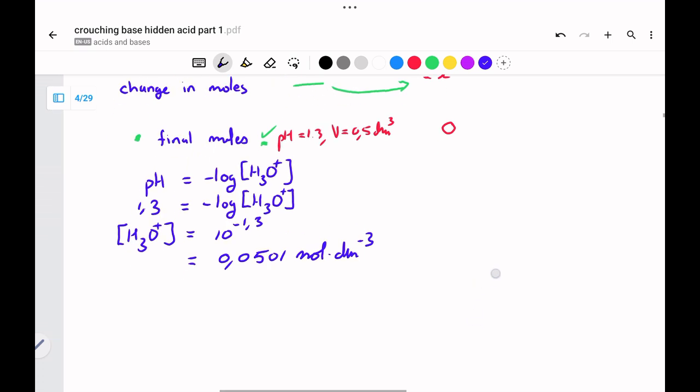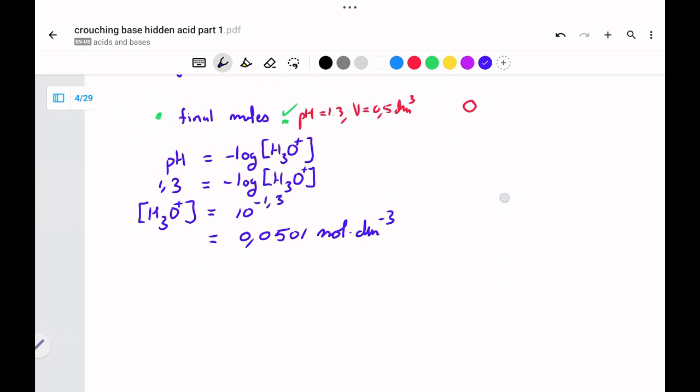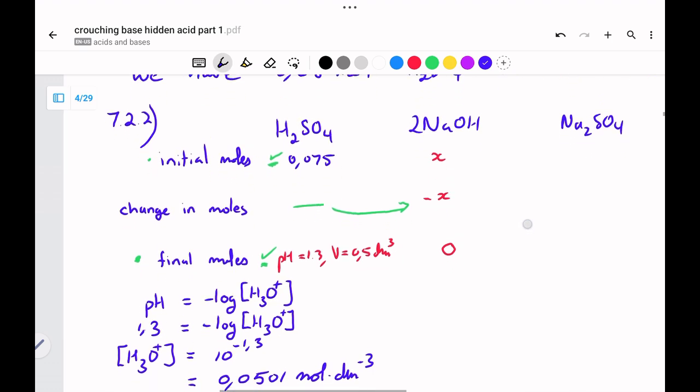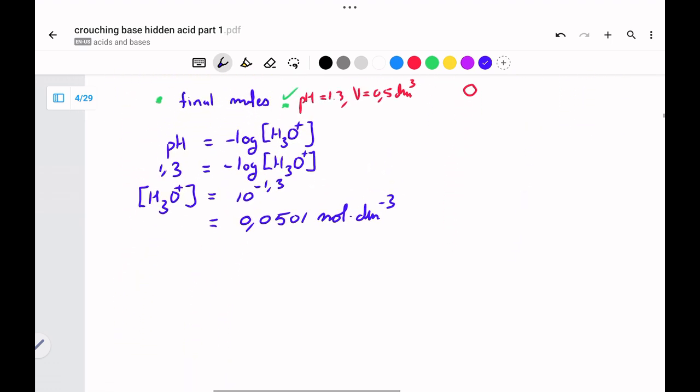So we need the ionization equation for this acid now. Remember, it's H2SO4. The ionization equation is not going to get you any marks, but the mole ratio from the equation is going to get you marks. If you feel like you need to write it out, then write it out. If not, simply perform the mole ratio. Well, in this case, it's a concentration ratio.